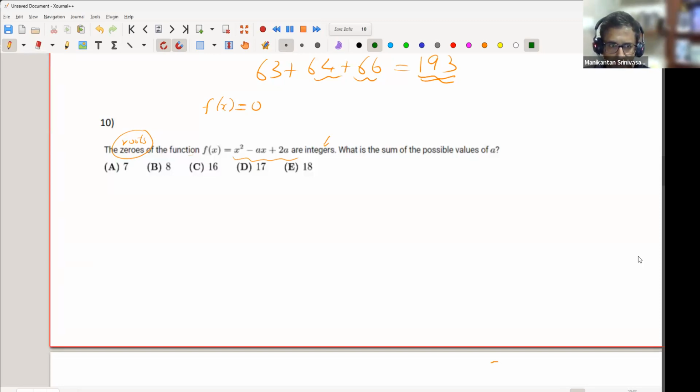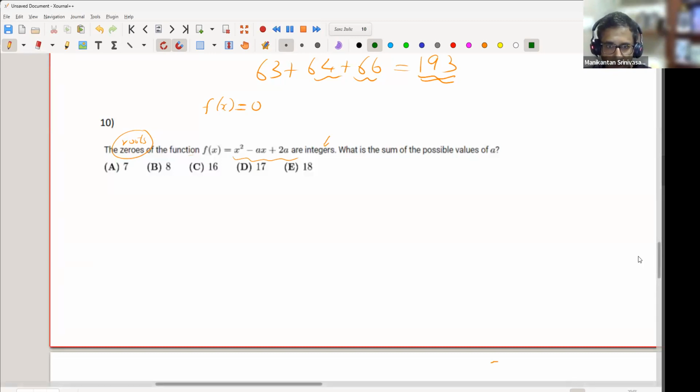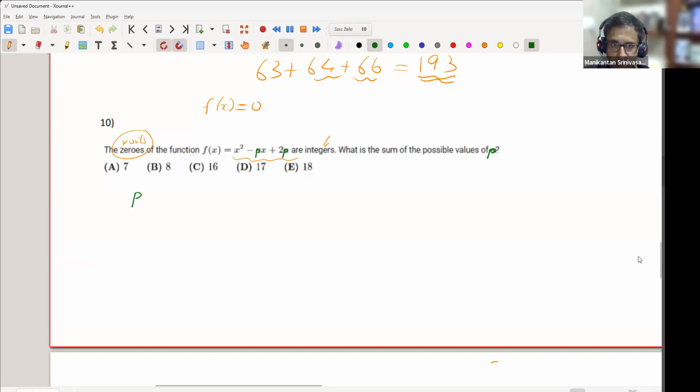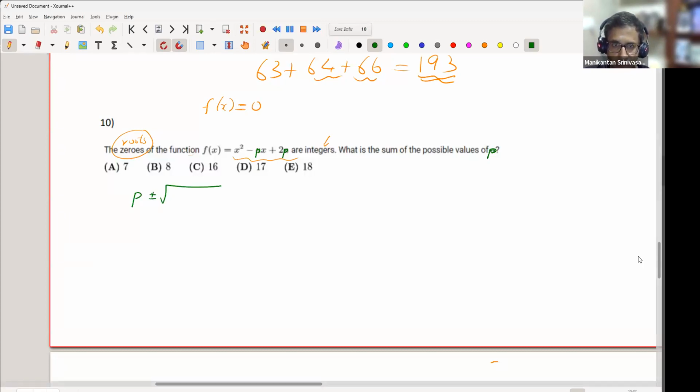So what are the roots of the quadratic equation? I'm just going to change the question to px and 2p, because generally we have a quadratic equation. What is the sum of values for p? The quadratic equation roots are minus b, which is minus of minus p, plus or minus square root of b square minus 4ac, because in the quadratic formula itself there is an a and it's confusing.